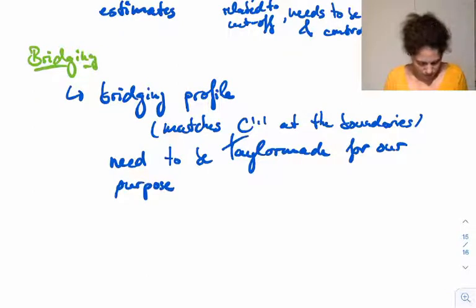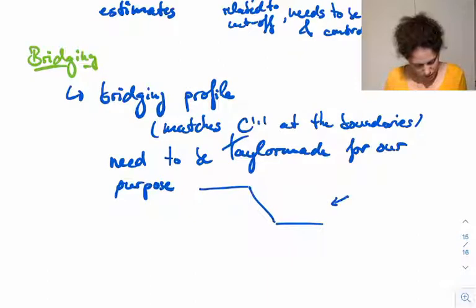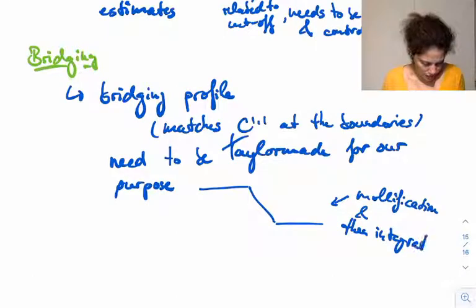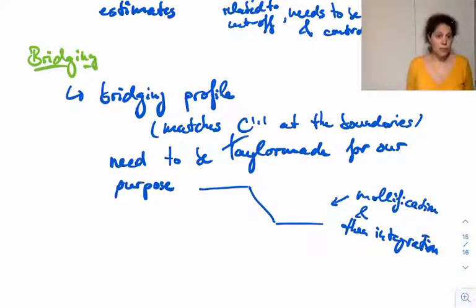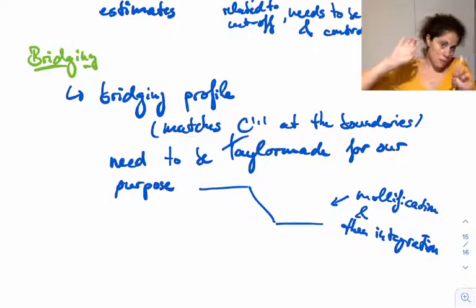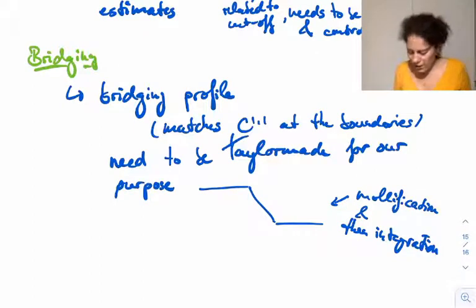So I indicated it as some modification of this, and then integration. The details are of course in the paper, which will be on the arXiv soon. But we need some very specific bridging profile.